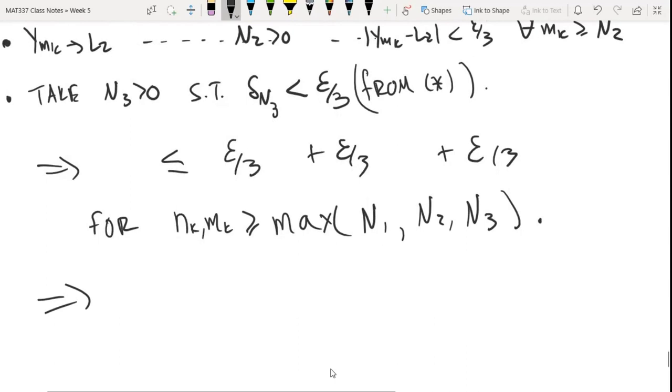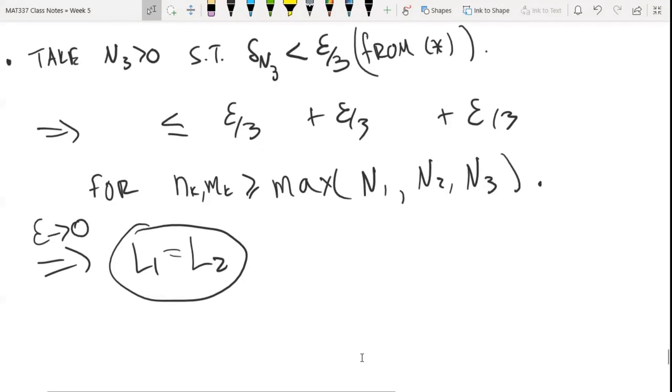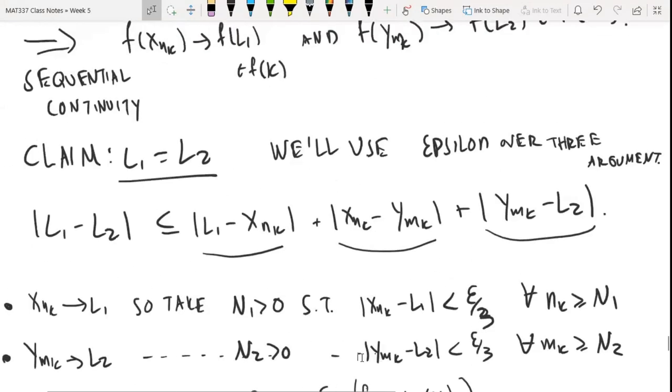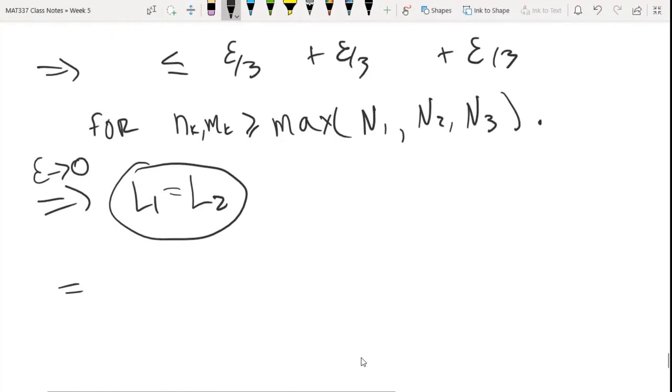So that says that L1, then take epsilon to 0, you get L1 is L2. Okay. What did we do? We're trying to get a contradiction. So we proved that f of L1 is f of L2. That will give the contradiction.